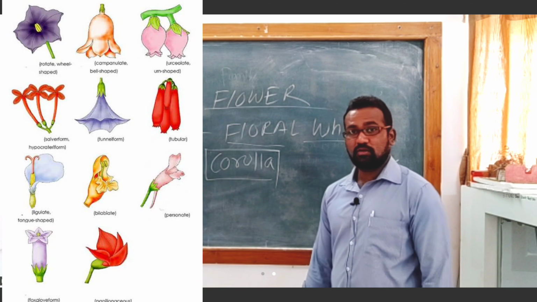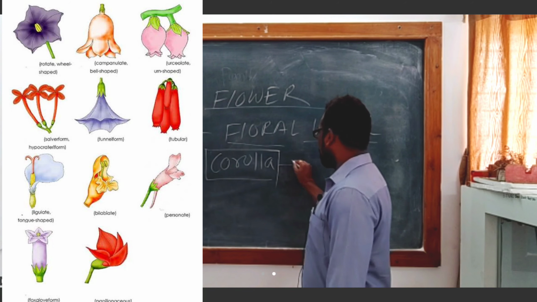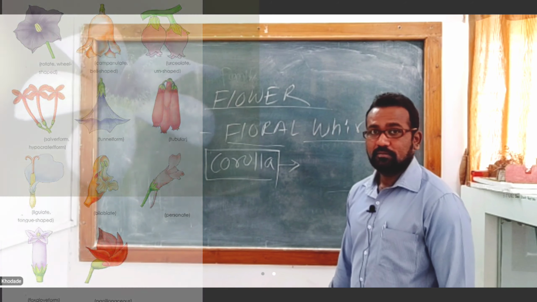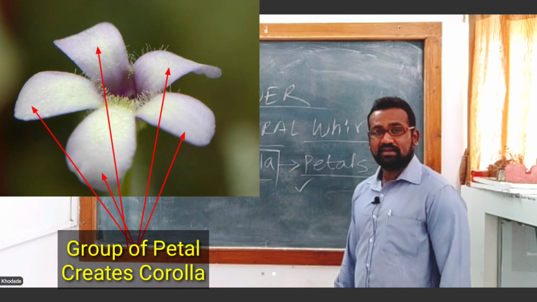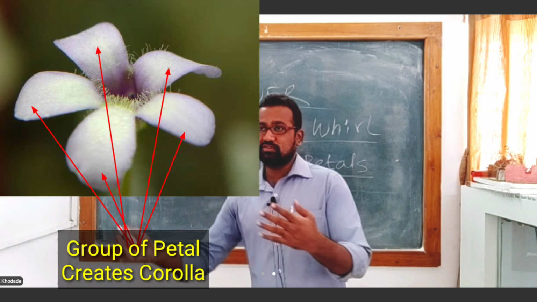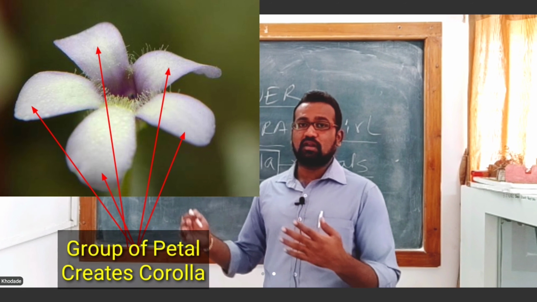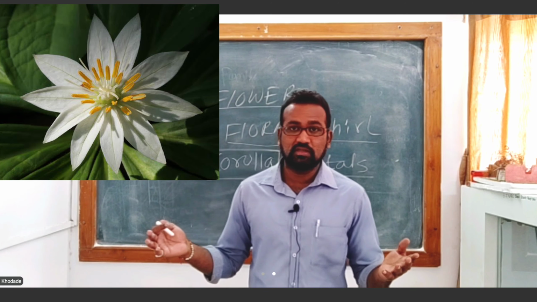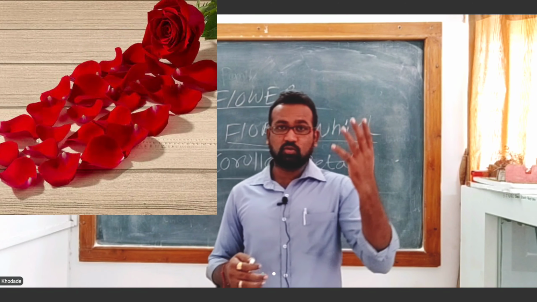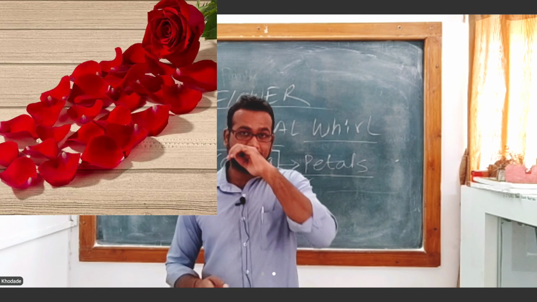So the corolla is colorful, no problem, but what is a petal? The same as before, the corolla includes many petals. The petal is the unit of corolla. Some corollas include 5 petals, some include 10 petals, and some, like the rose, have many petals.